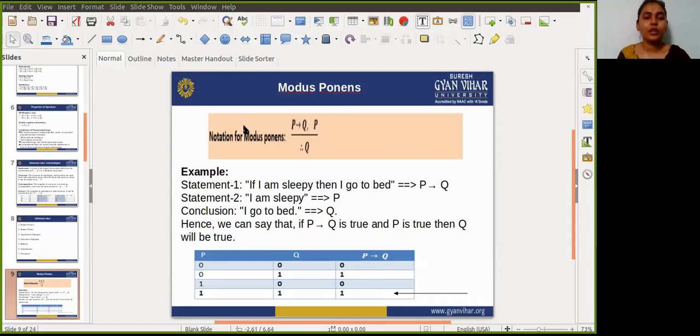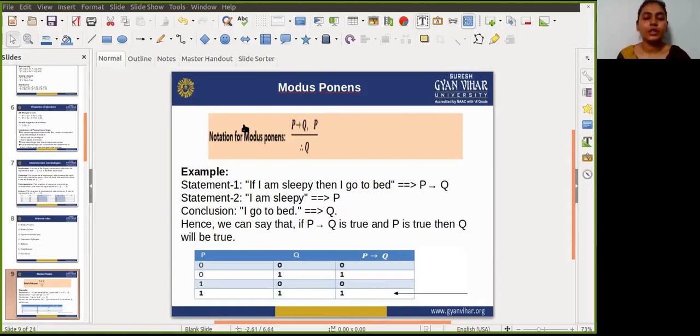So guys, the modus ponens rule is one of the most important rules in inference. It states that if P and P implies Q are true, then we can infer that Q will be true. Means if the value of P is true and P implies Q is true, then we can say that Q will also be true.